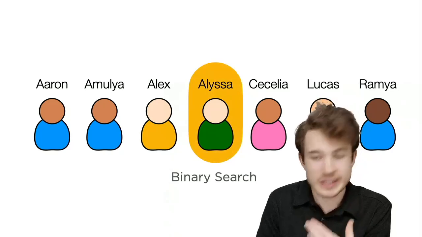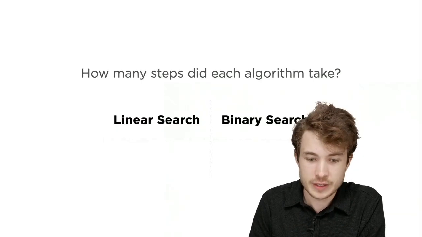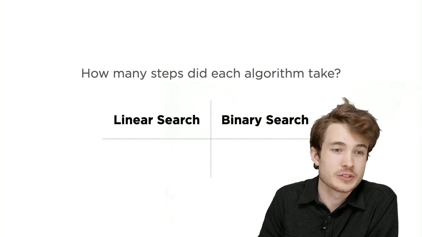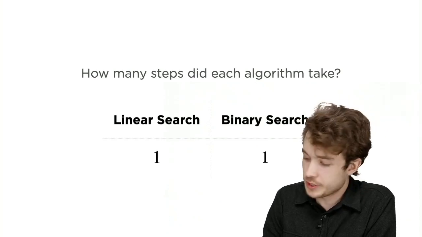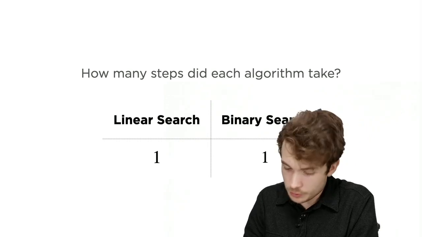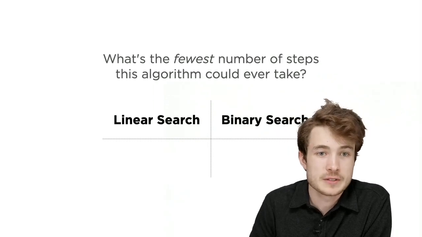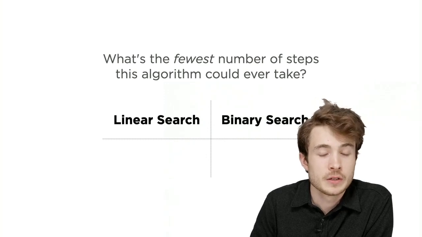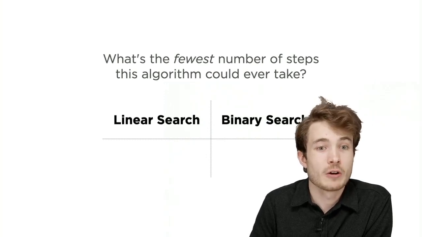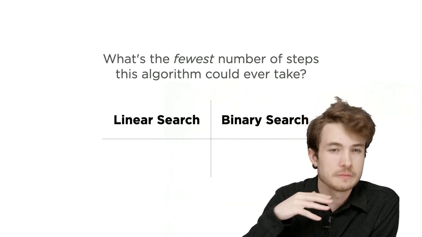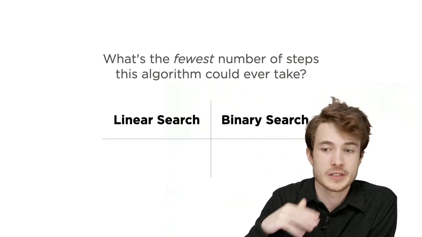So there's another question we could ask, which is this. Well, first, how many steps did the algorithm take? We talked about how linear search took 1, and so did binary search. But in general, we could also ask, what's the fewest number of steps the algorithm could ever take? With big O notation, we talked about the greatest number. But now we're asking, what's the fewest number the algorithm could ever take?